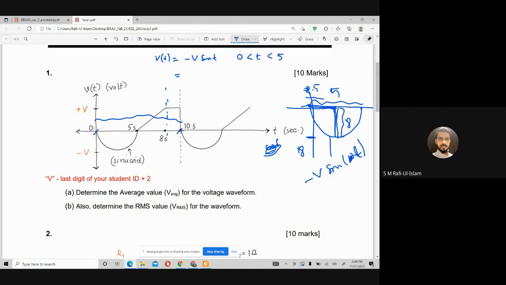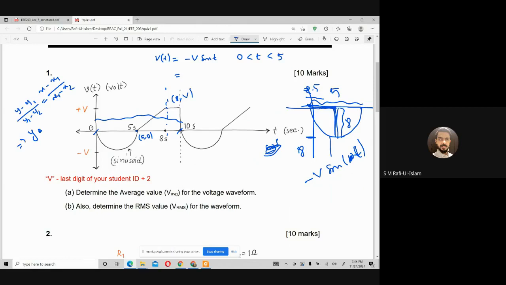How about this equation? Can anybody tell me what would be the equation for this? This point is 5 comma 0. This point is 8 comma v, right? You know the value of v. The formula is (y minus y1) divided by (y1 minus y2) equal to (x minus x1) divided by (x1 minus x2). So y should be mx plus c.